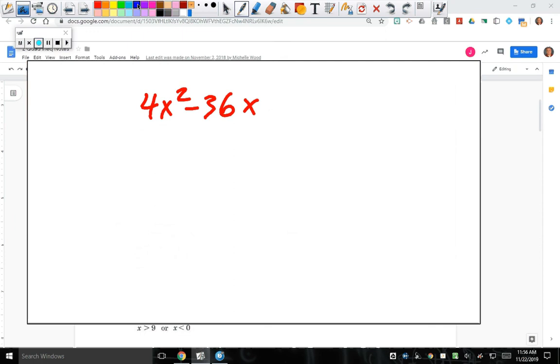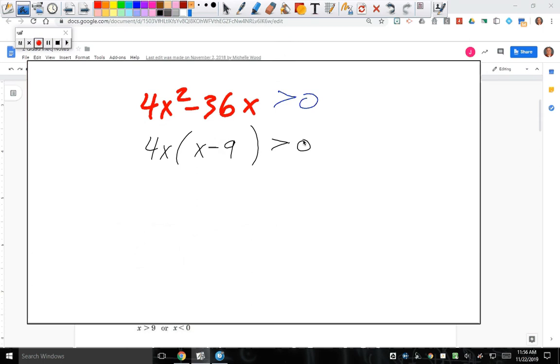And the way I want you to read this is, when is this graph positive? You're with me? That's really all we're doing. So if I looked at that, let's go ahead and factor. What do we have to factor out? 4x. What's left over? X minus 9. And then it's positive.